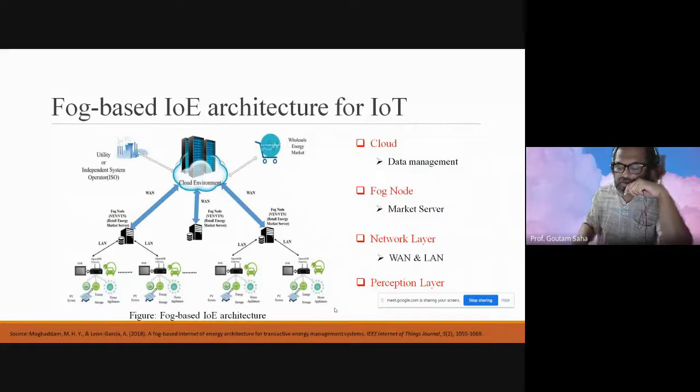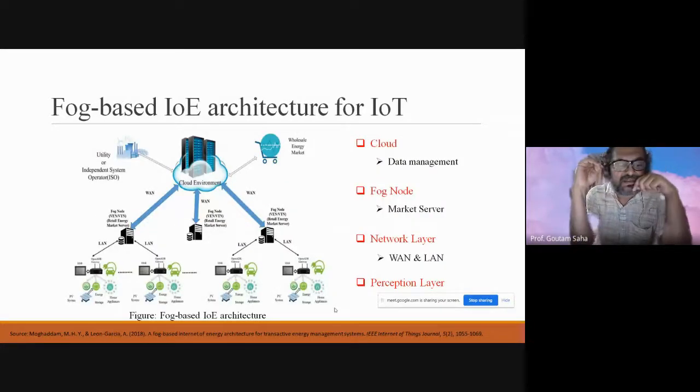Now, one of the fog-based architectures is like this, from a 2018 paper. The cloud environment, cloud means Google in USA, and all the lands are connected to it.